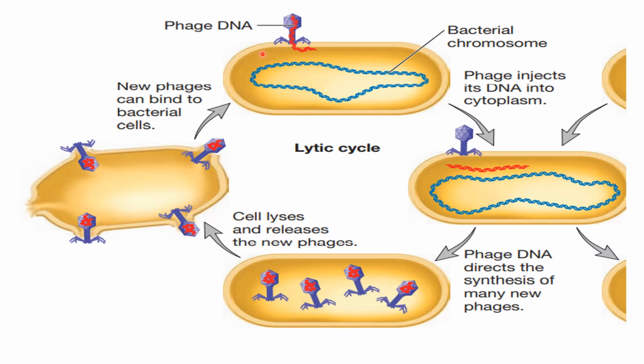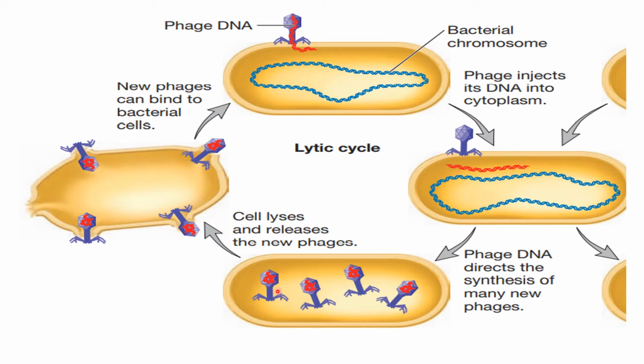After adsorption, penetration of DNA happens and the phage DNA alone will enter inside the bacterial cell and reach the cytoplasm. Once the phage DNA enters inside, it takes complete control of the bacterial cell and the bacterial DNA will be broken down into pieces. At the same time, the phage DNA will undergo replication continuously.